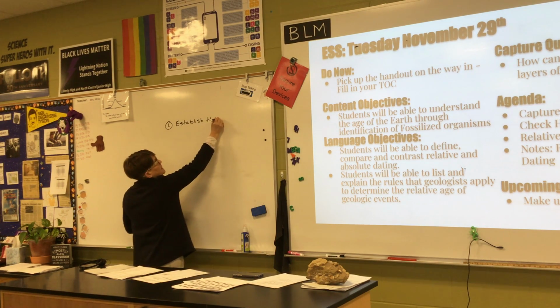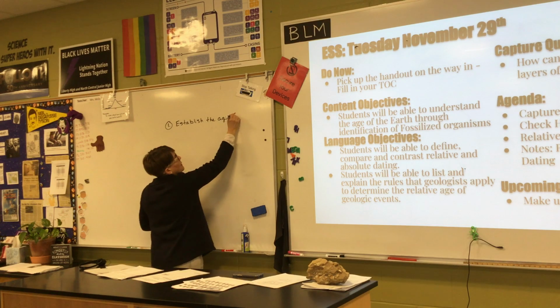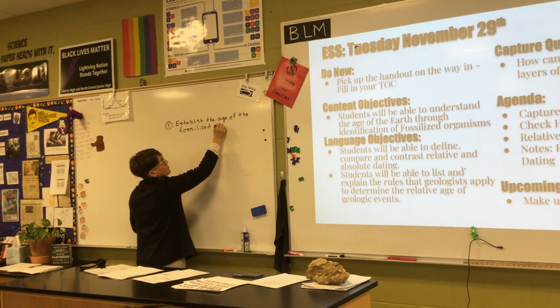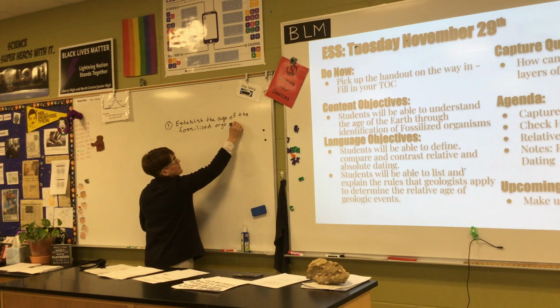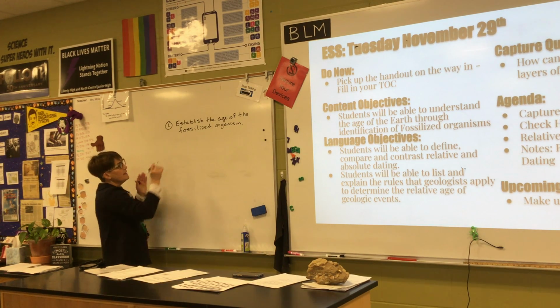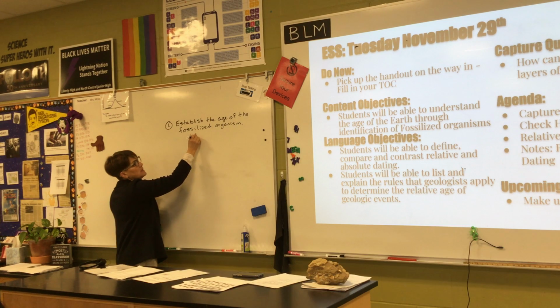Establish the age of the fossilized organism. And I'll come back to you in just a second. So we have to establish the age of the fossilized organism. This is called the index fossil.